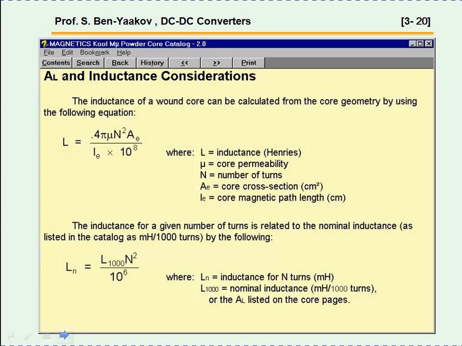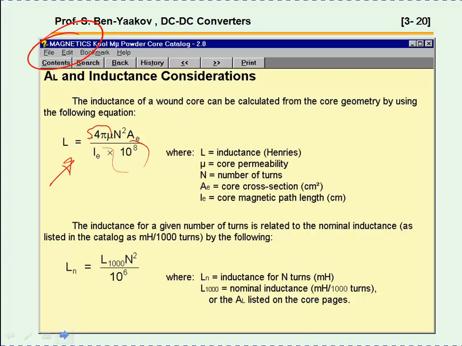Now, here's an example from a sort of application note of a manufacturer. This is Magnetics in this case, which gives the expression for N. This is the expression we found before, except that the actual mu0 is given here.